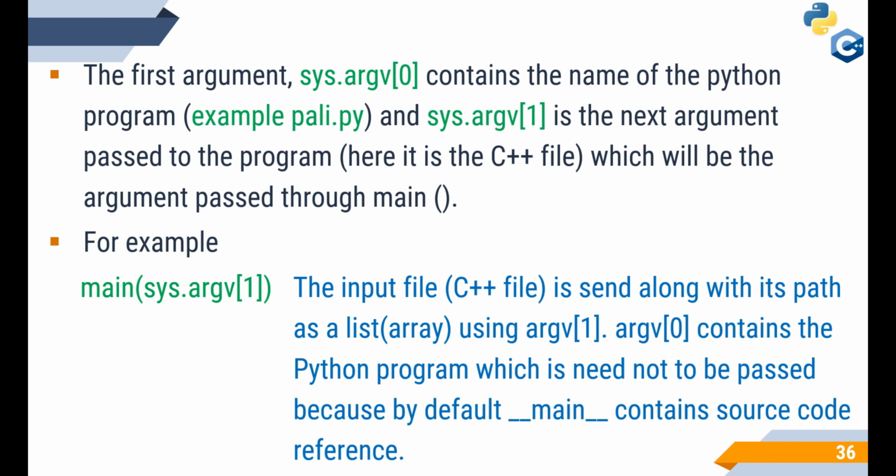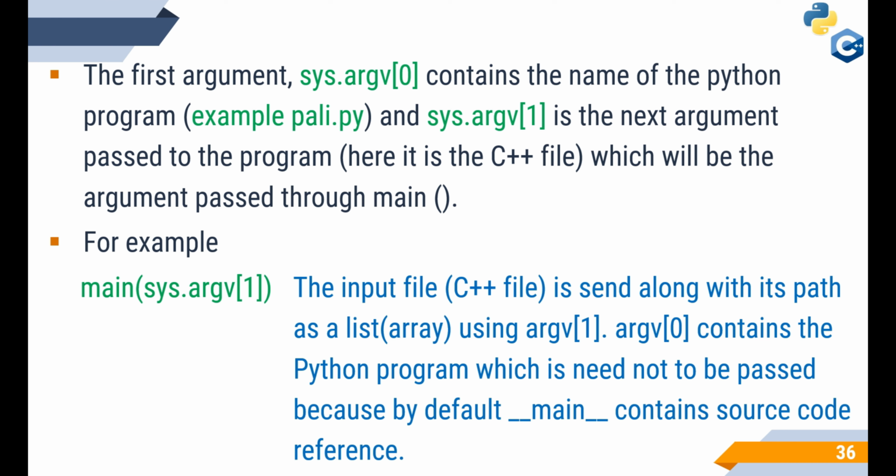Okay, here the first argument, sys.argv of 0, contains the name of the Python program, for example poly.py, and sys.argv of 1 is the next argument passed to the program. Here it is the C++ file which will be the argument passed through main.